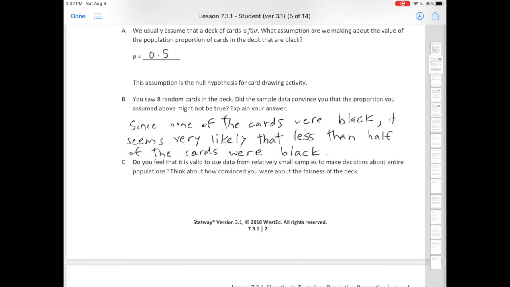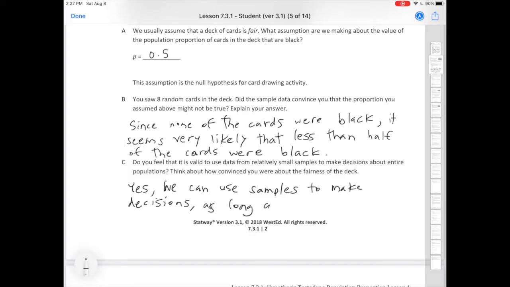Okay, so yes, we can use samples to make decisions as long as the probability that we are wrong is low.